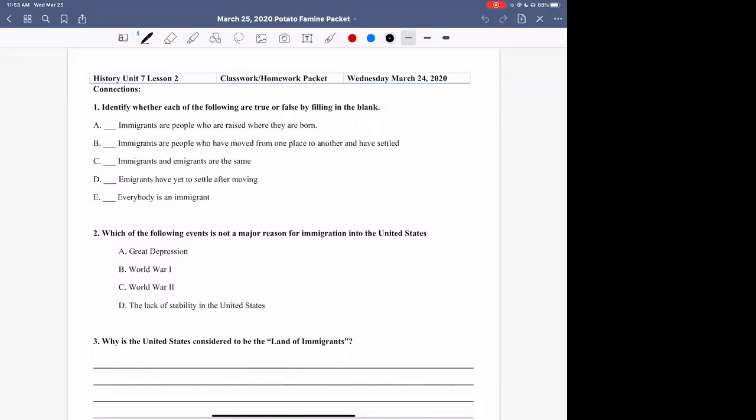Okay, and our time is up. So I'm going to write the answers on the screen here. So the answer to A is false, B is true, C is false, D is true, and E is false.